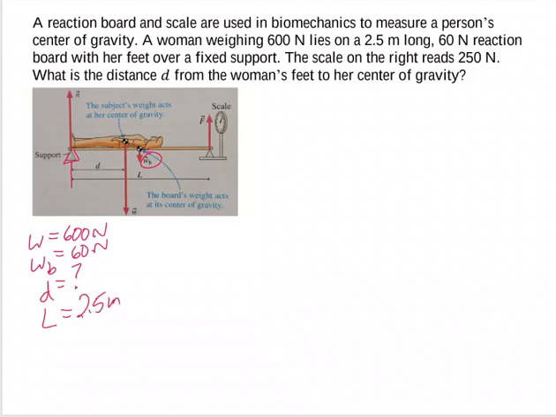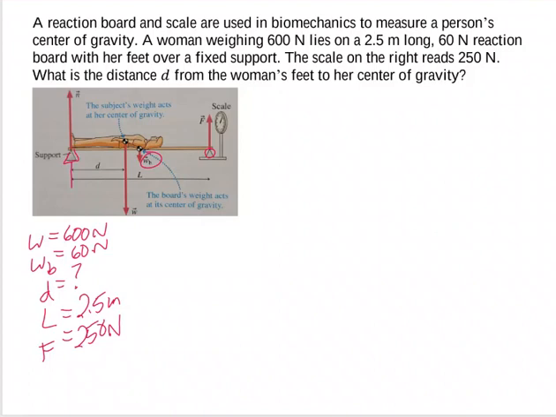And the force that's on the scale right now, notice we have the end of the board over here on the scale. So that force right now reads 250 newtons. So that's all the stuff we know.